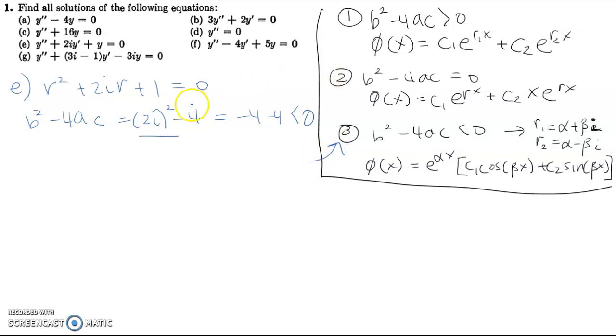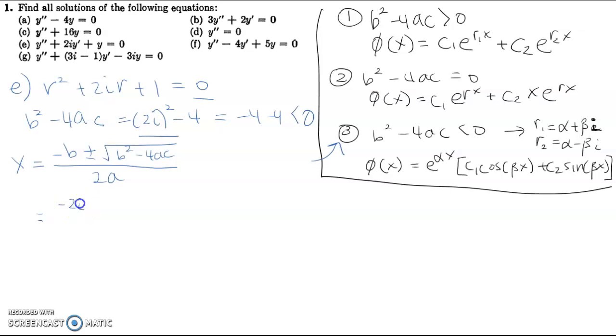All right, then let's actually solve for r. I can use the quadratic equation, which is, as long as this is a homogeneous equation, r equals negative b plus or minus the square root of b squared minus 4ac, all over 2a. Let's substitute the values.